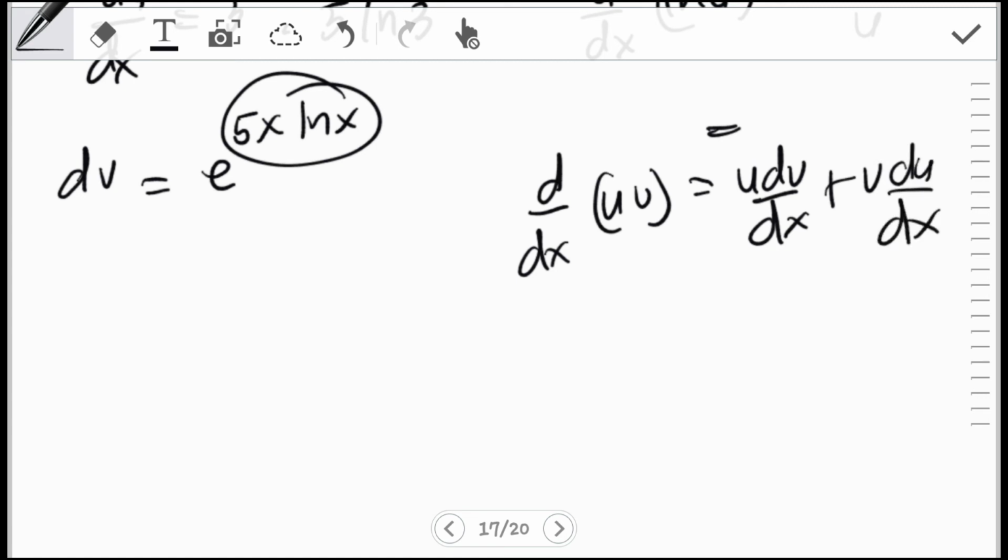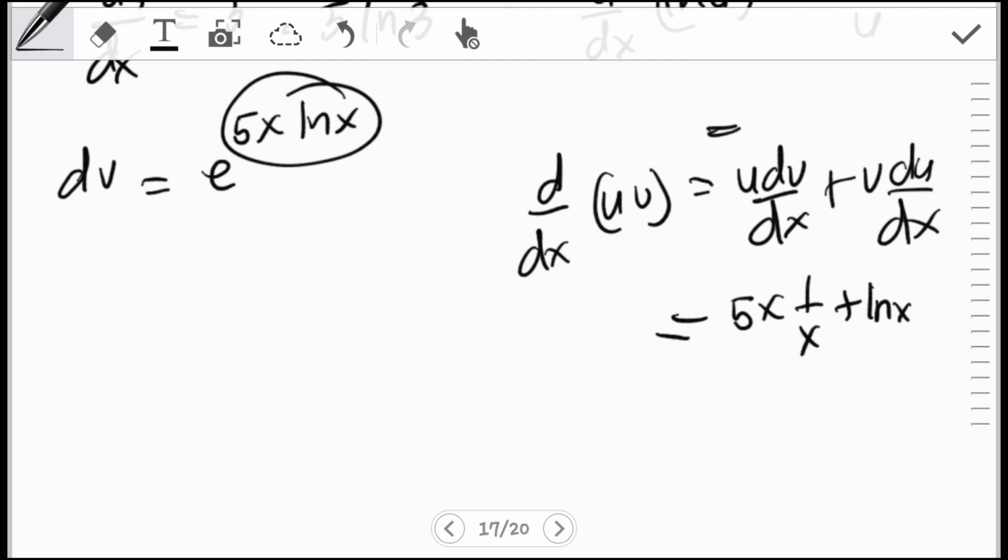Where u here is 5x, and dv is 1 over x, where v is ln x.